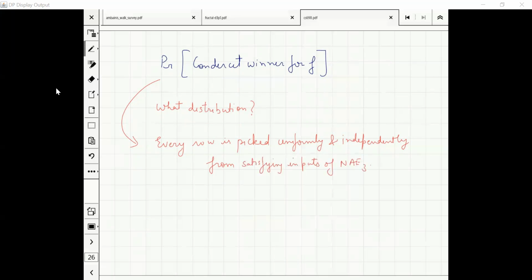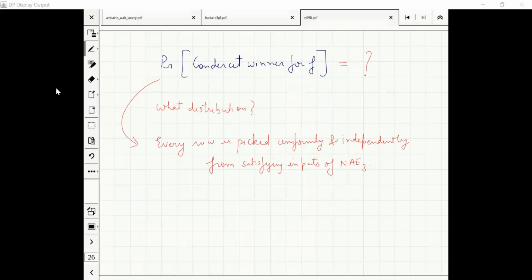Now I'm picking my inputs such that for every input, there might or might not be a Condorcet winner, but what we want is that for every valid input, there has to be a Condorcet winner. That means we want this probability to be equal to 1.